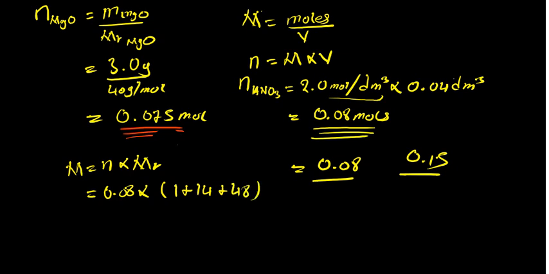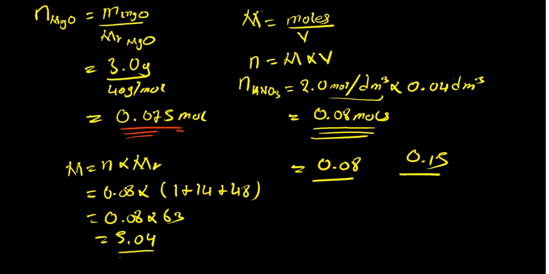So we are saying 48 plus 14 plus 1, we get 63. So it says 0.08 multiplied by 63. What do we get? The mass that we have is 5.04.